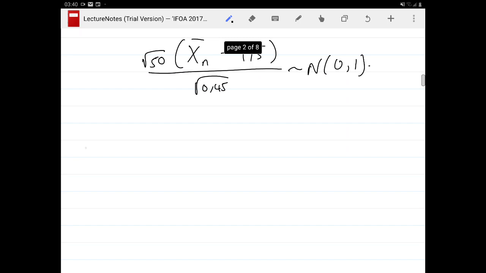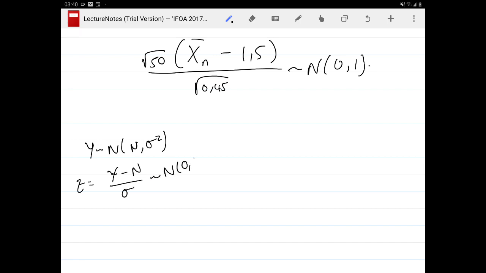If you have some Y that's normal(mu, sigma squared), then Z equal to Y minus mu over sigma is normal(0,1). So we can match these things up, where Z is equal to X bar minus 1.5, and we move the 50 to the bottom so it becomes the square root of 0.45 over 50.